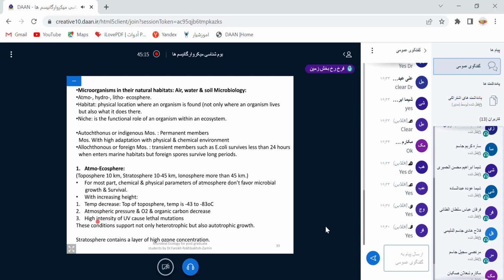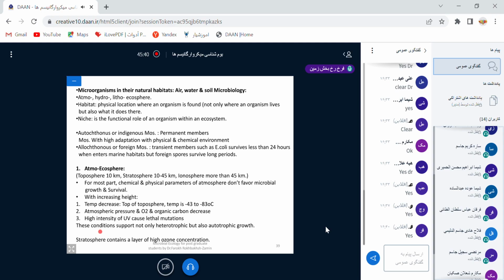As much as we go up, different layers of atmosphere filter UV. So as much as we go up, UV radiations are more and more, and this radiation is lethal and has a killing effect on microbes.